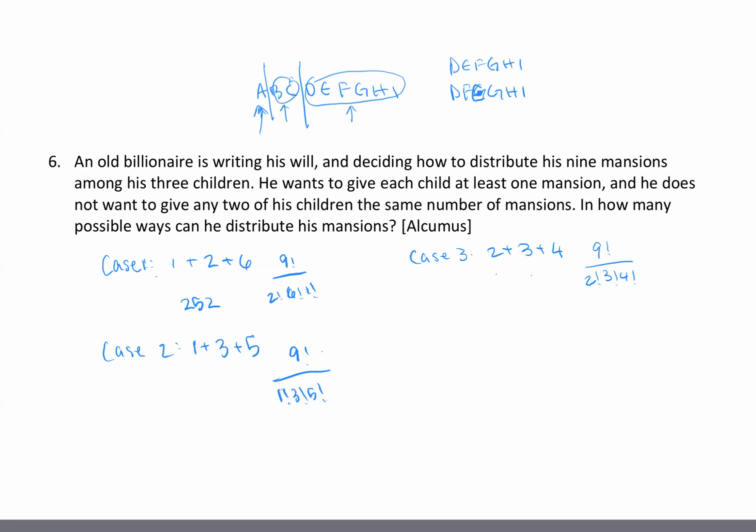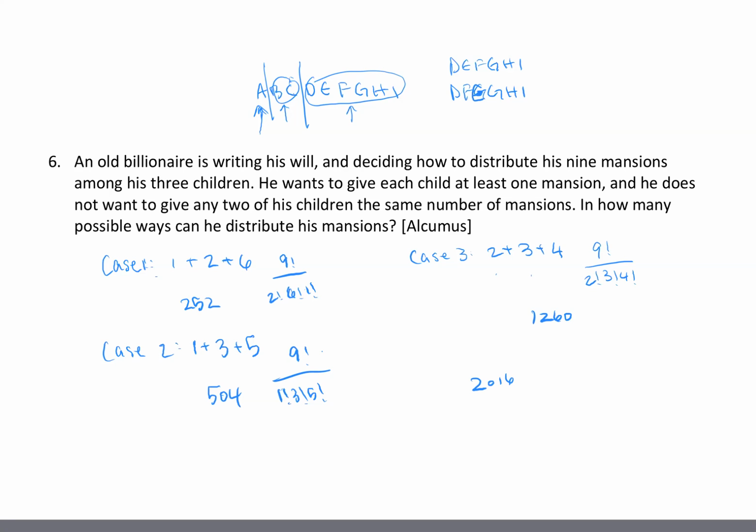The second one is 504, and then the third one is 1,260, I think. So then if we add this up, we get 2016.